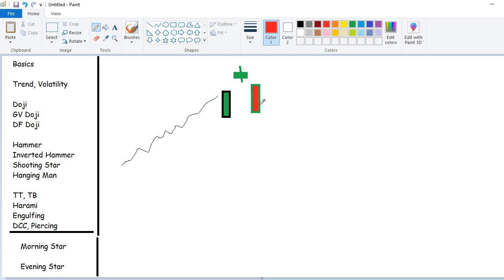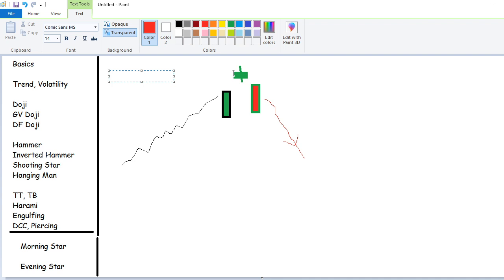It is an indication for bears. Bears are trying to dominate the session. Now the stock will start falling to the level from where it started, right? This candle formation is called evening star. See, it's a kind of star all alone in the sky. That's why they call it evening star.